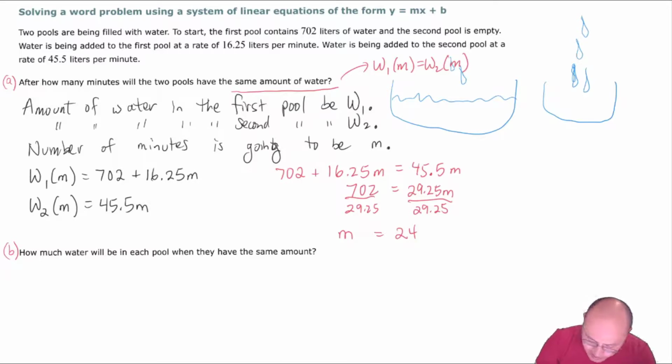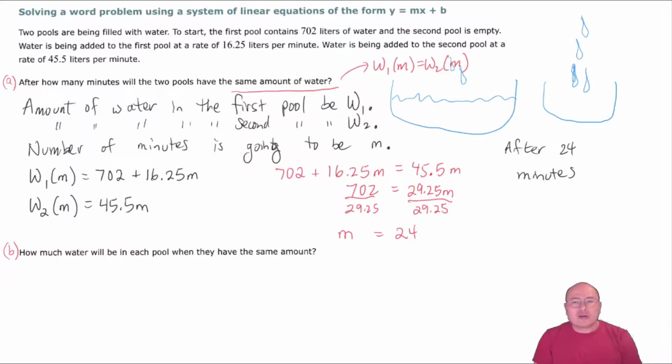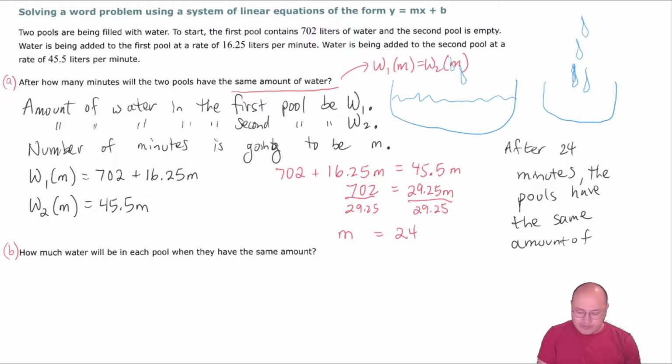So we could say after 24 minutes, the two pools have the same amount of water. And we could circle that.